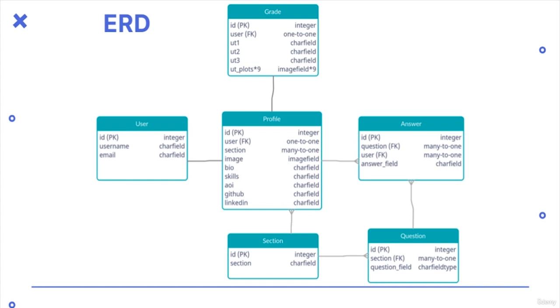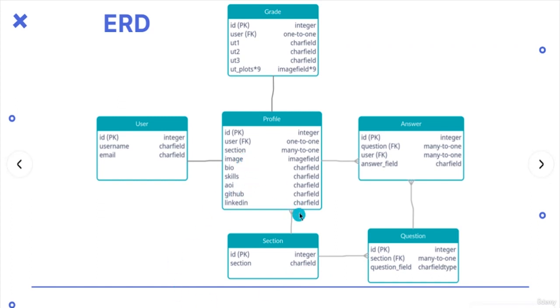Django does not directly provide one to many. So if I would like to say that one section has multiple profiles, I can use this section, and like this I can use profile, and say one to many. But Django provides only many to one.